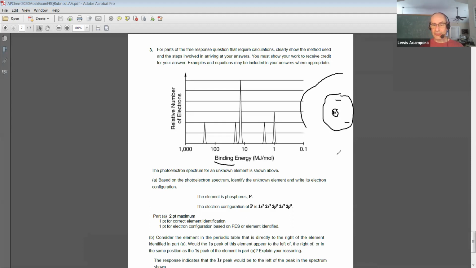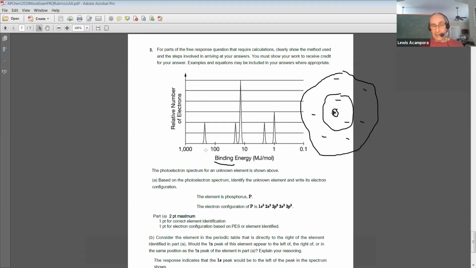And the actual binding energy depends on how many protons are in the nucleus and how many electrons are out there and where those electrons are. So you may very well be asked to interpret this photoelectron spectrum. Students usually either do very well or very poorly on these questions, and I think that depends on whether they've actually covered this in class. They really shouldn't be that challenging. So let's take a look at this one.